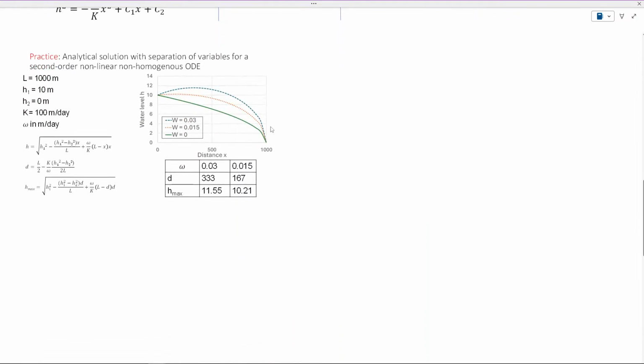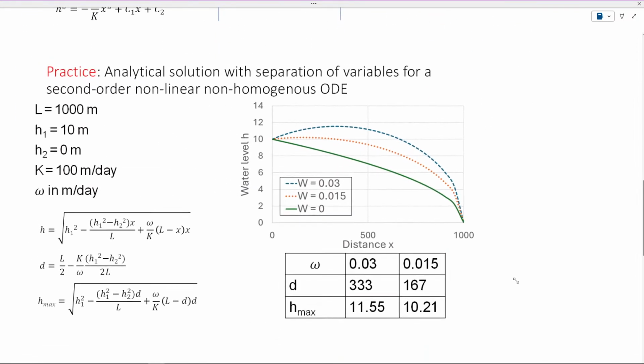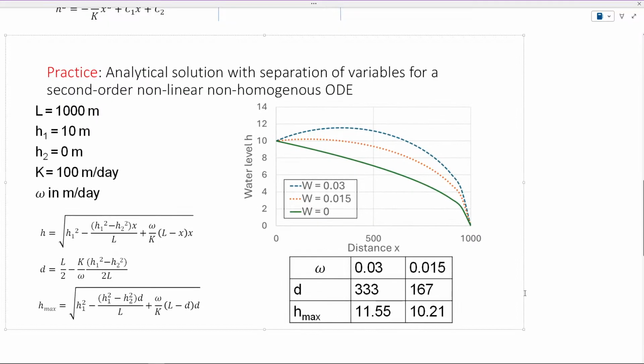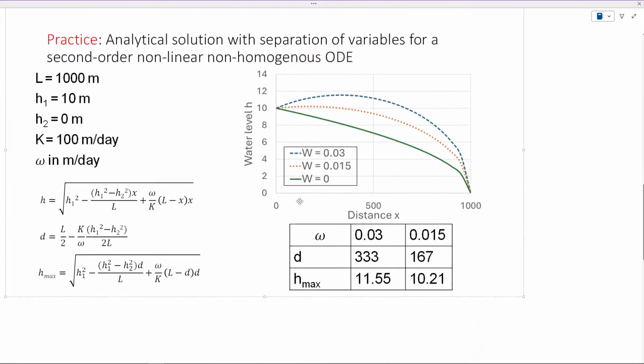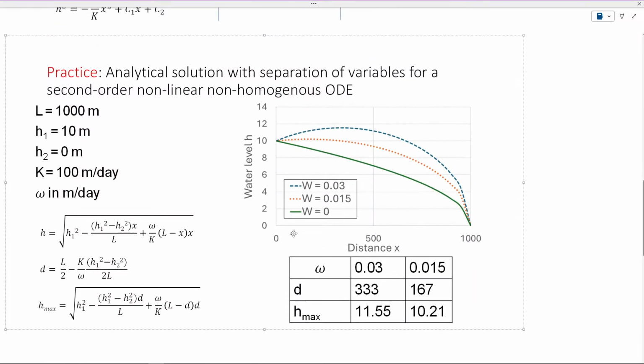Let's just see the meaning of this. If you want to use this equation, basically that is your river one, the head in this river here, and that is the other river, the head in this river here.